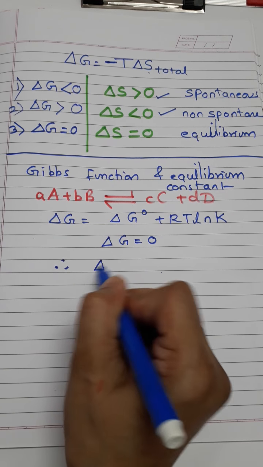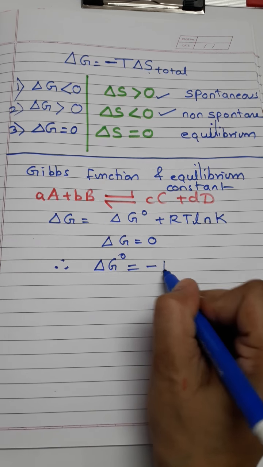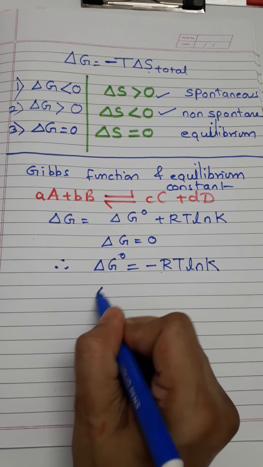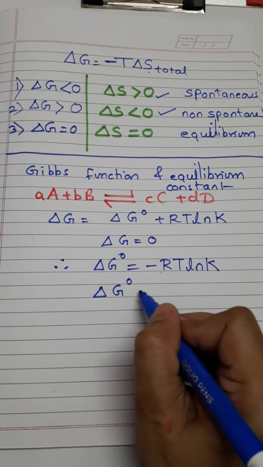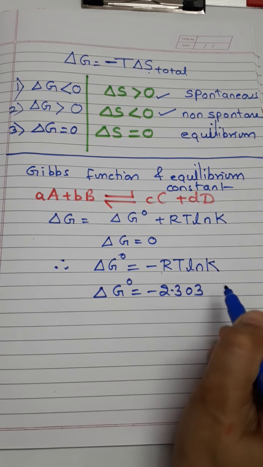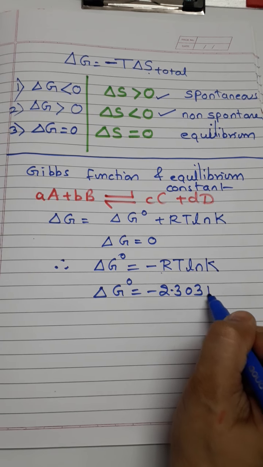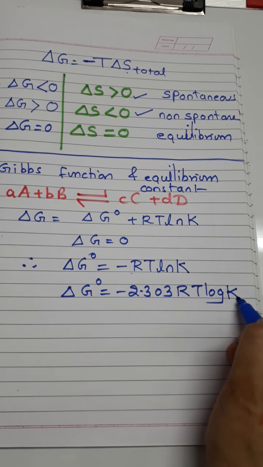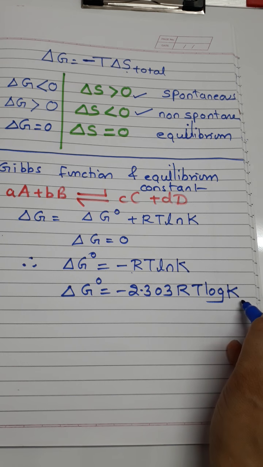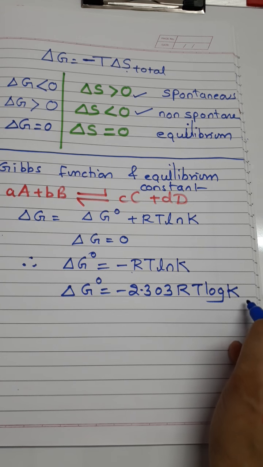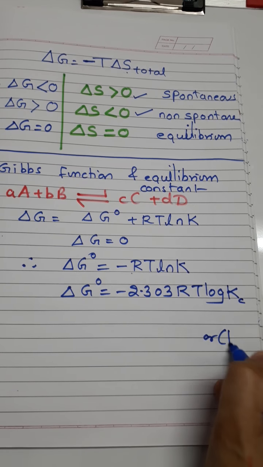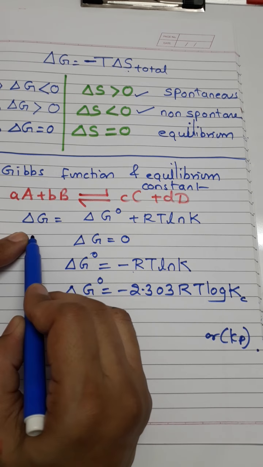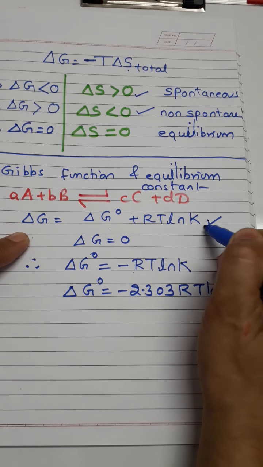So therefore delta G naught for the above reaction is minus RT ln K. Now let us convert this log base e to log base 10, so multiply by 2.303: delta G naught is minus 2.303 RT log K. It can be Kc or it can be Kp. So basically the relation between delta G and delta G naught is given by this expression.